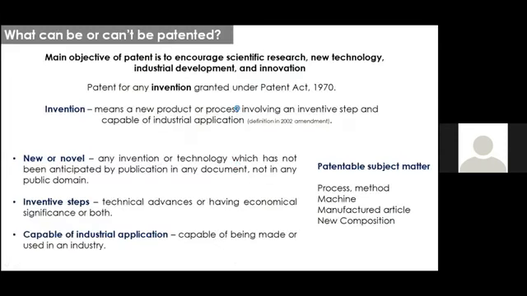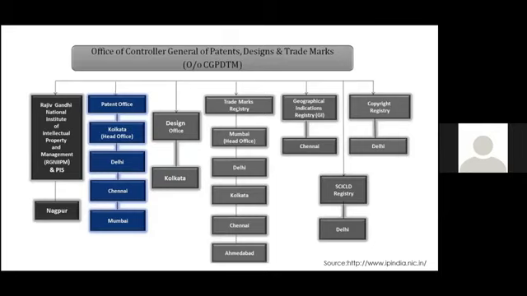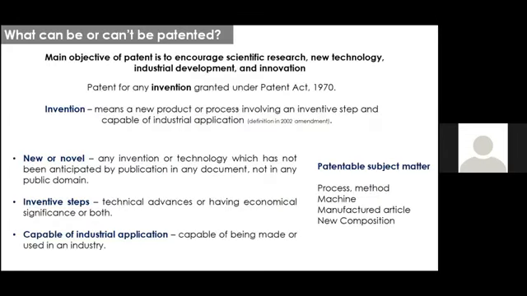Once we have seen the organizational status and the Patent Act of 1970, it is important to understand what can be patented and what cannot be patented. And to do that, it is important to understand what is called a patent.